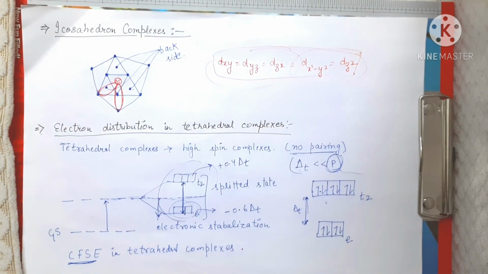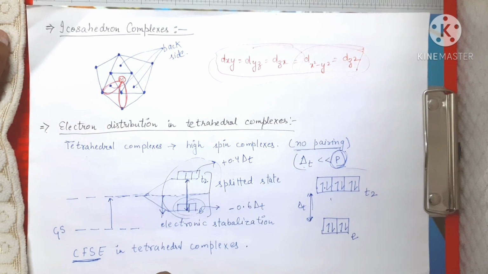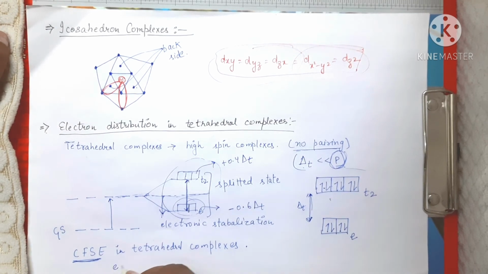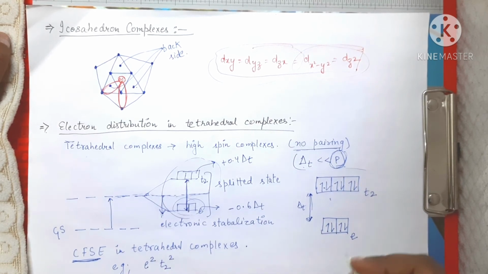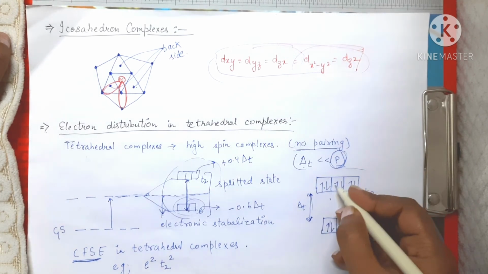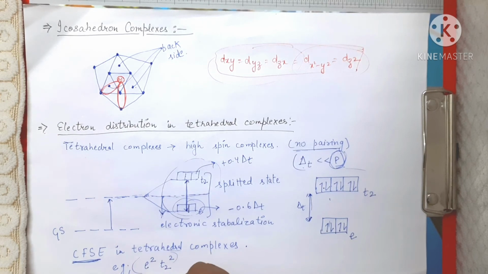So if we want to calculate the CFSE, let us understand using an example. For example, if we have a configuration of E2 T2 2, this is for a d4 system.